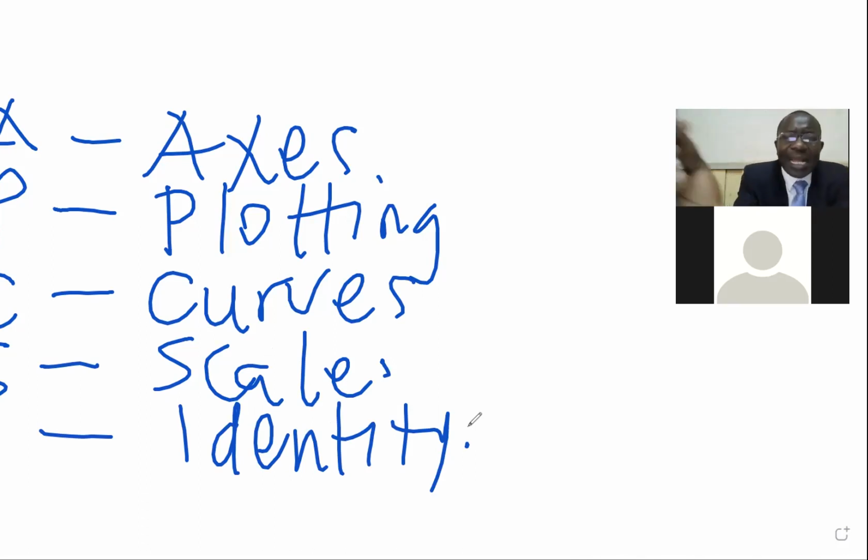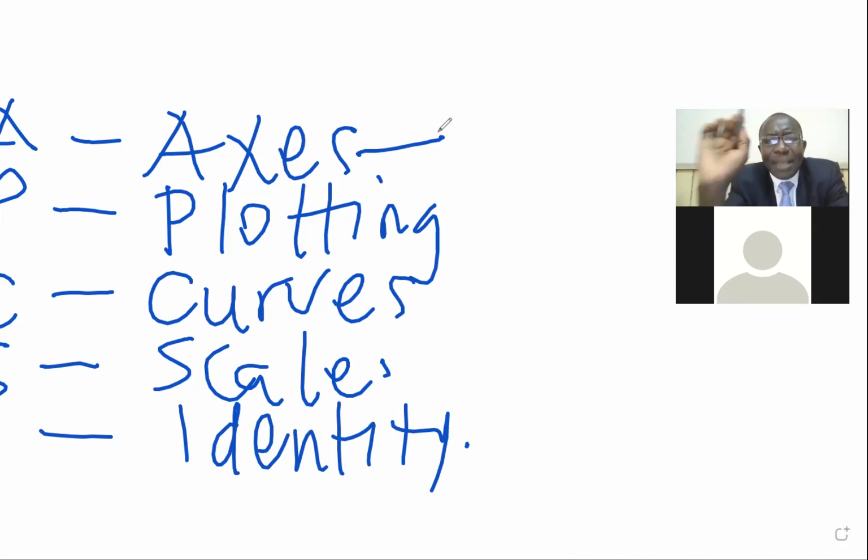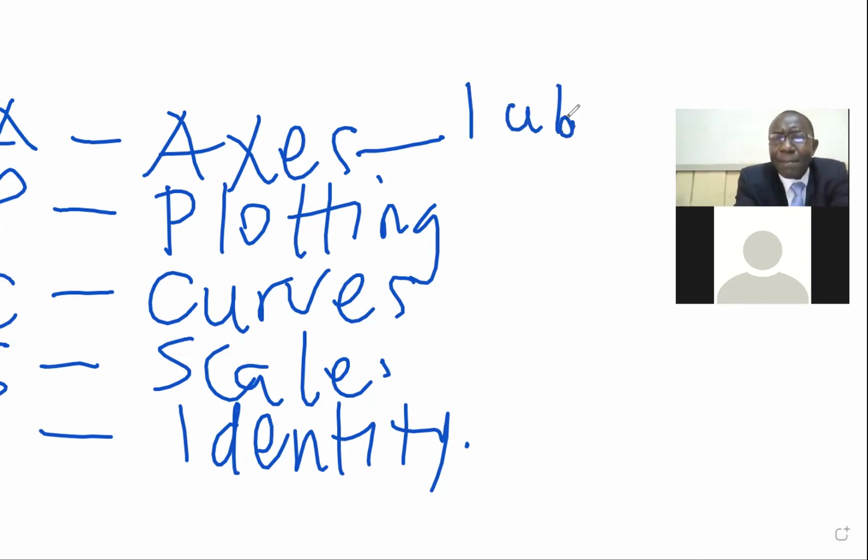I want to talk about axis. Remember, a basic graph has both vertical and horizontal axis. What do we mark when we are talking about the axis? Axis must always be labeled.